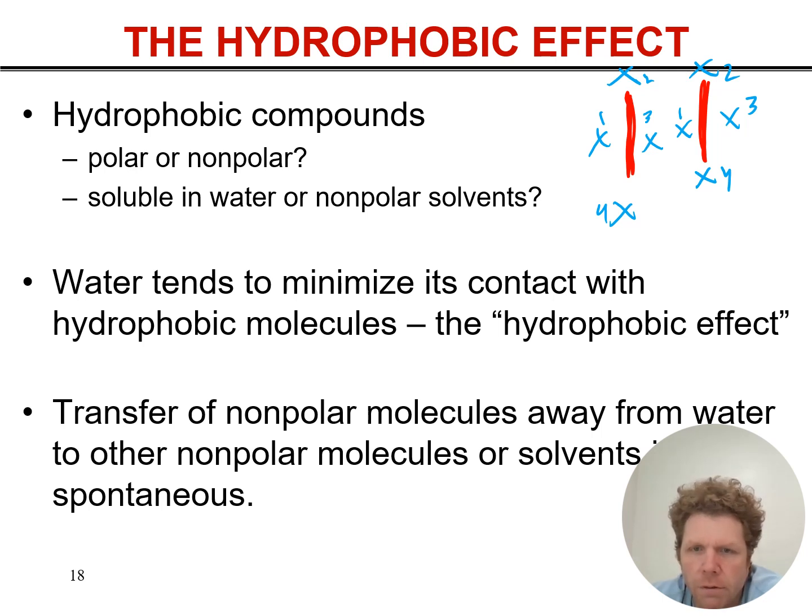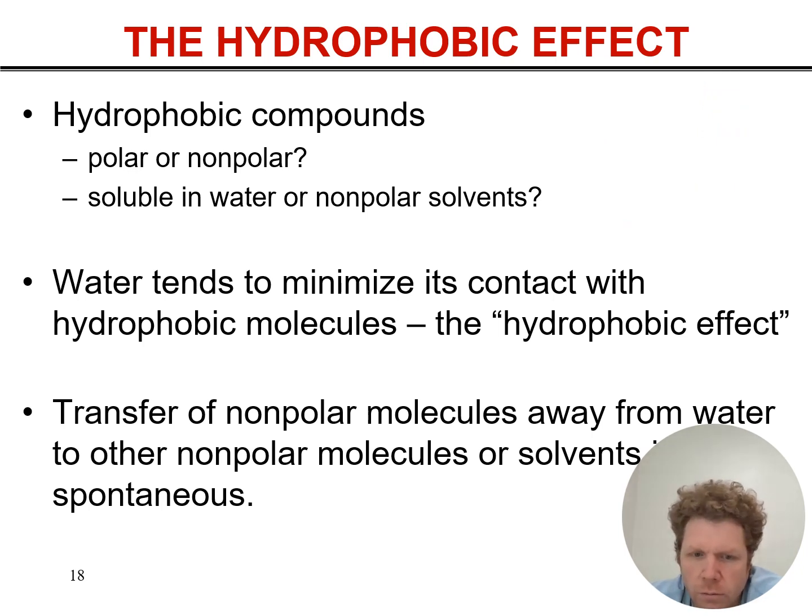Now, that's what we have in the absence of the hydrophobic effect. But what we observe is the hydrophobic effect. It is a real thing. So now what's going to happen is those two molecules are basically going to be forced up next to one another. There's one, there's my other one. And now what I'm going to get is 1, 2, 3, 4.